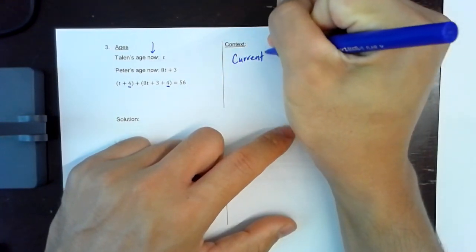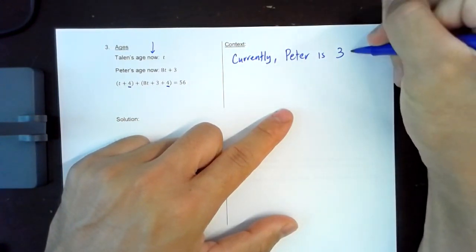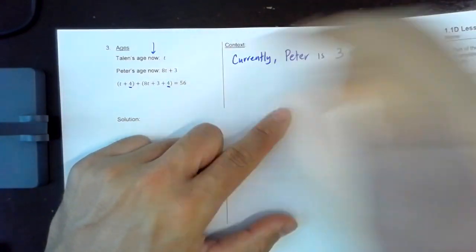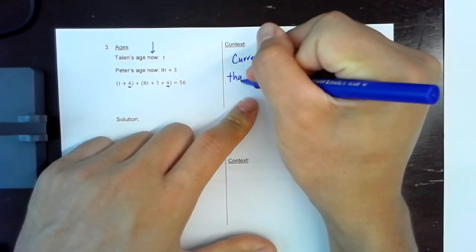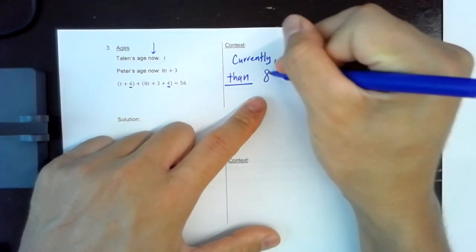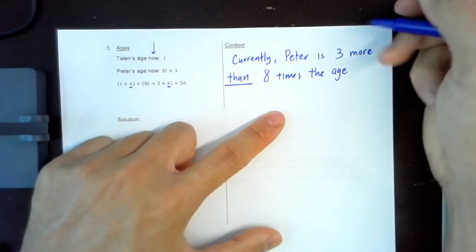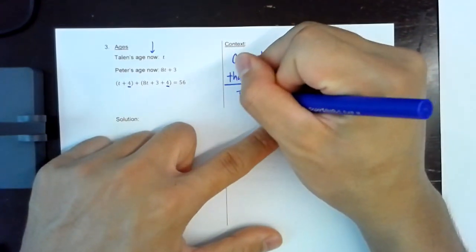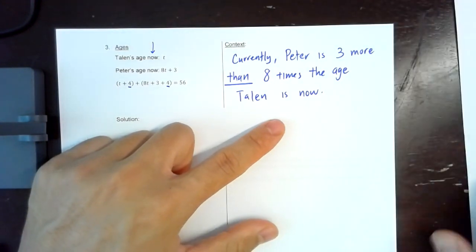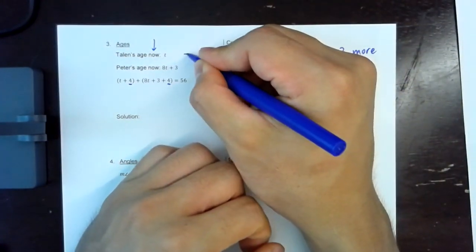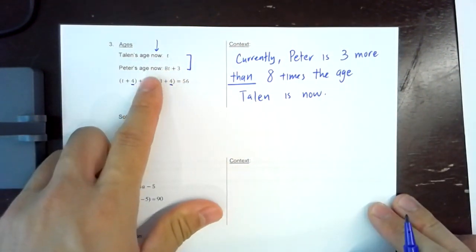Let's say currently Peter is 3 more than, I'm going to underline the word than, 8 times the age Talon is now. Notice how we talked about the constant first in our context.